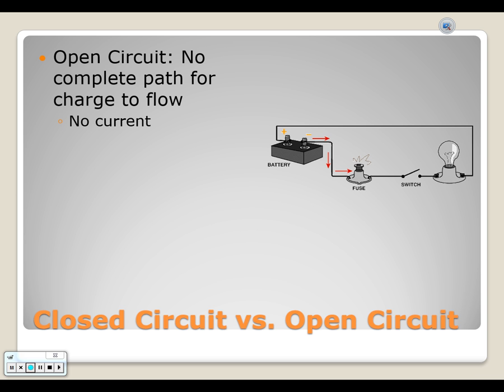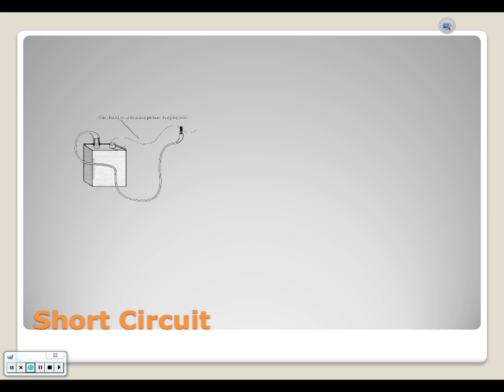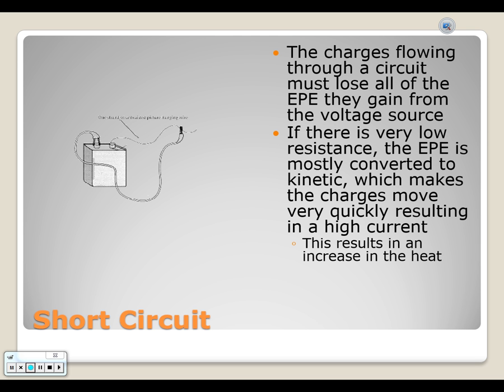The third kind of circuit that we want to watch out for is the short circuit. A short circuit on your outline is a circuit with very low resistance between the terminals of the battery or the voltage source.